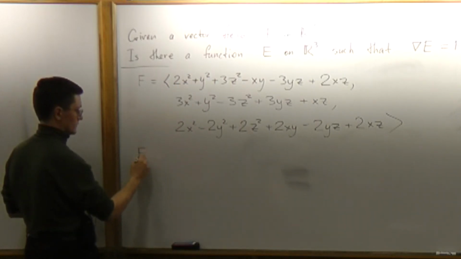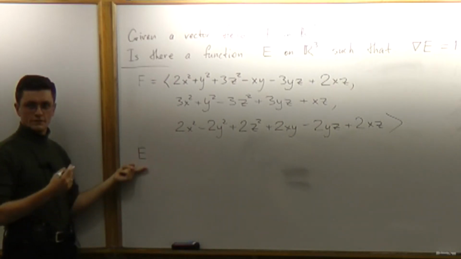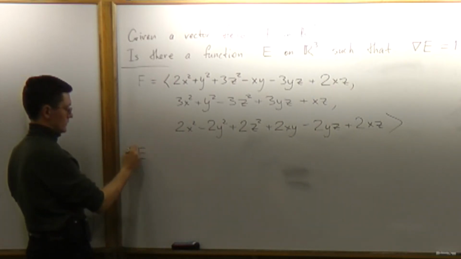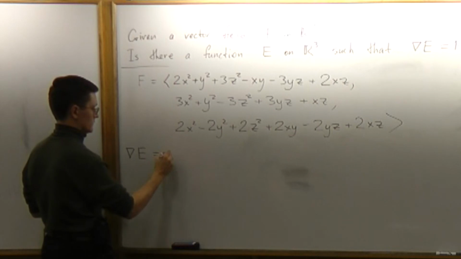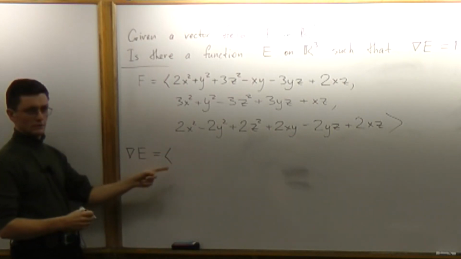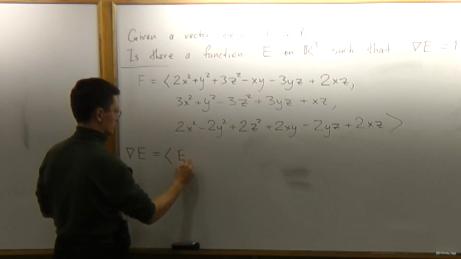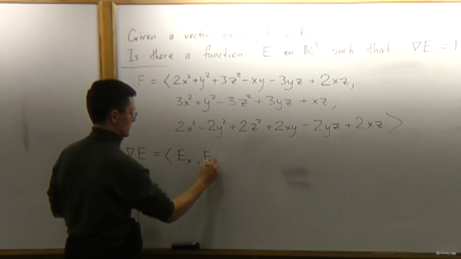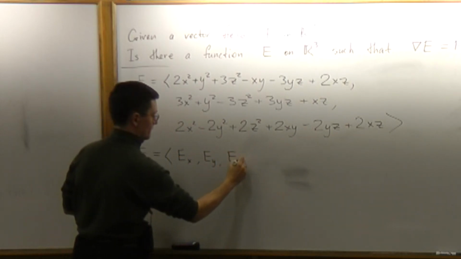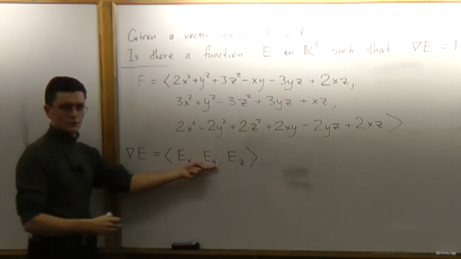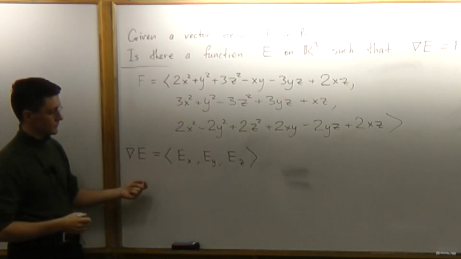So if the function exists, the gradient of it is a vector field given by the partial derivatives. Right, so you have to put together all the partial derivatives of the function.